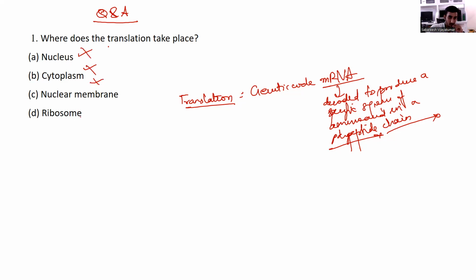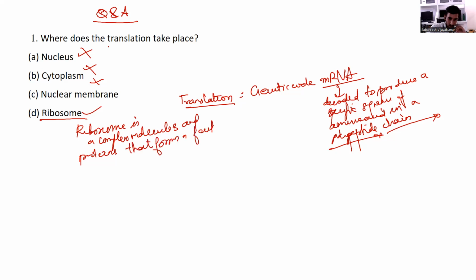These are not the options. The correct option is ribosome. So what is a ribosome? The ribosome is a complex of RNA and proteins that forms a factory for protein synthesis in cells.